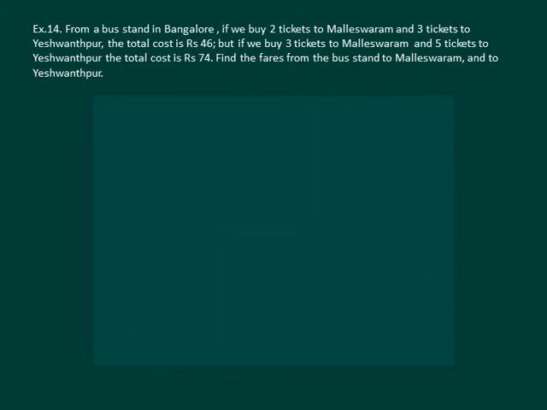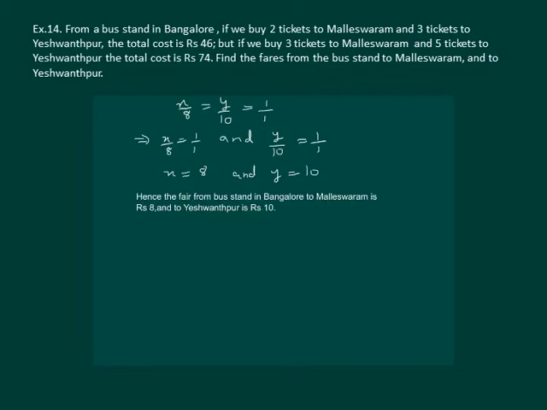Solving these further, we get x by 8 equal to y by 10 equal to 1 by 1. Now we can write this as x by 8 equal to 1 by 1 and y by 10 equal to 1 by 1. So x is equal to 8 and y equal to 10. That means the fare from bus stand in Bangalore to Malleshwaram is Rs 8 and to Yeshwanthpur is Rs 10.